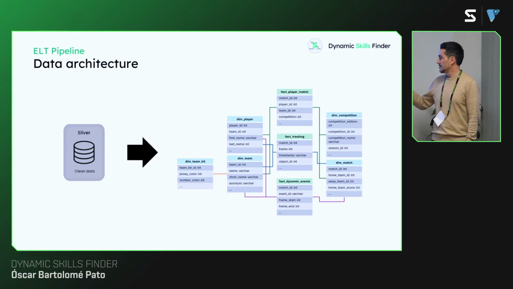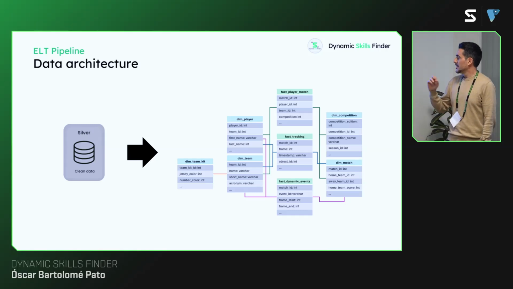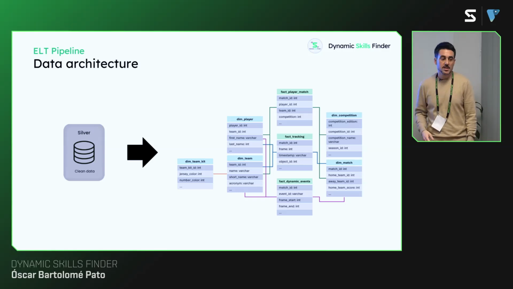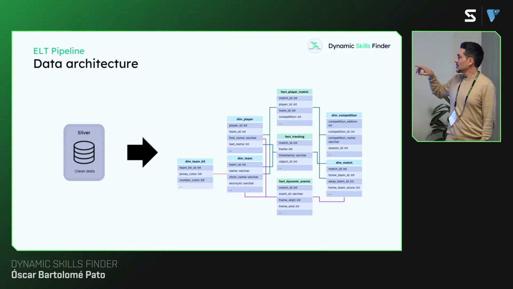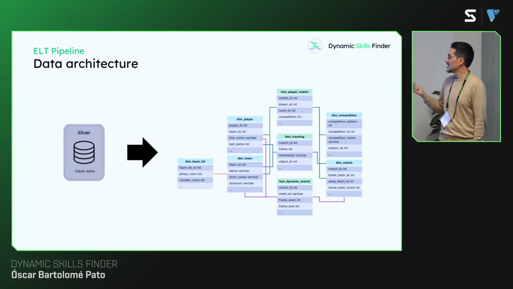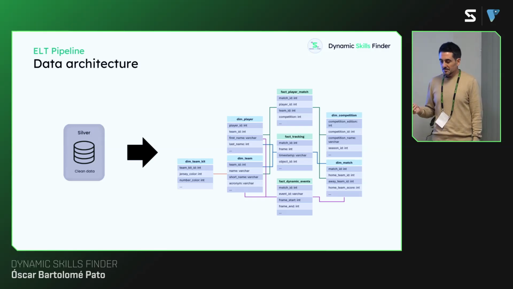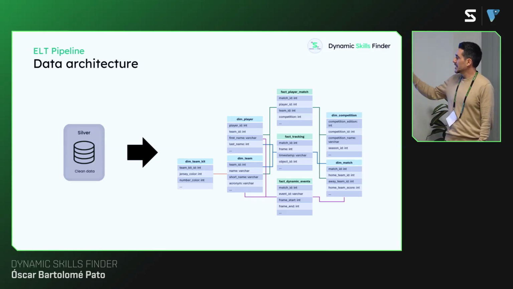And the same for the fact dynamic events table that stores the data in the dynamic event data files. Surrounding these 3 fact tables, we have the dimension or lookup tables. They contain the descriptive context for competitions, players, teams, matches, and they allow us to filter and group the data in the fact tables efficiently.